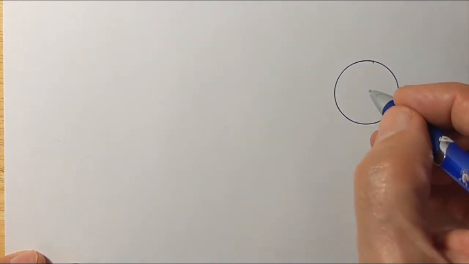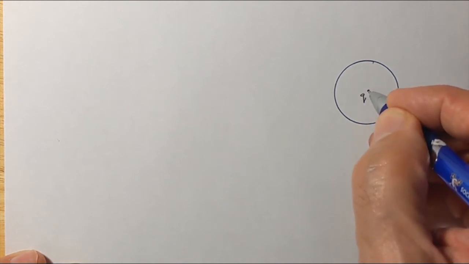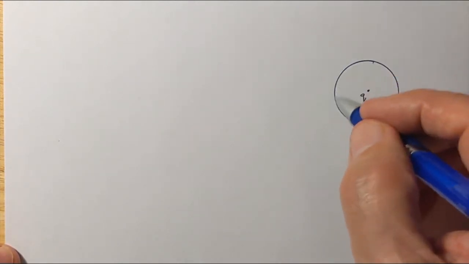This is just an imaginary surface in space, and we have a charge Q which we put right in the middle of that surface, and we want to find the net flux that is leaving this surface.